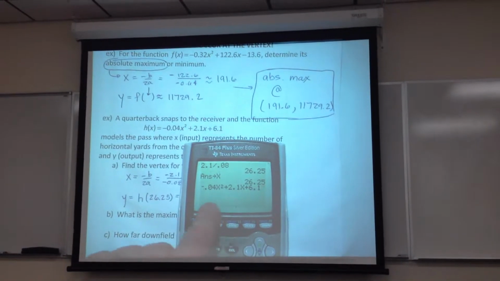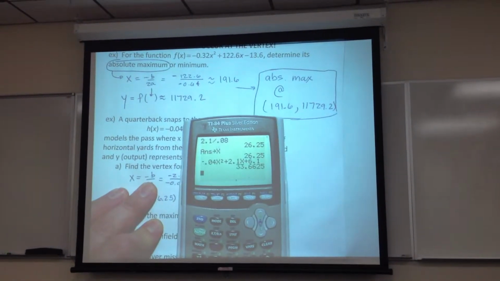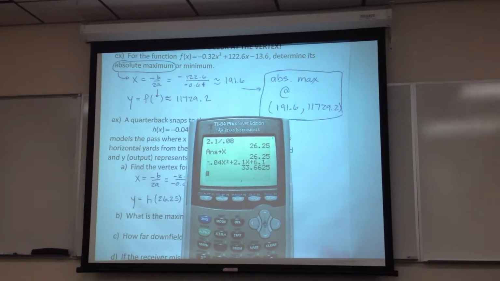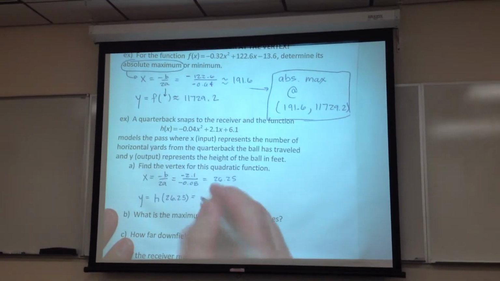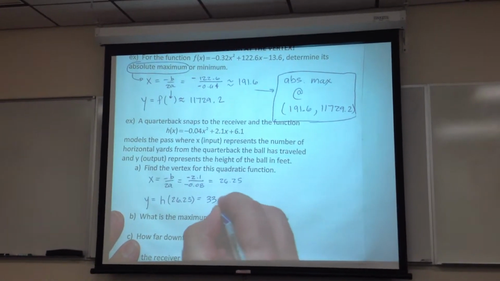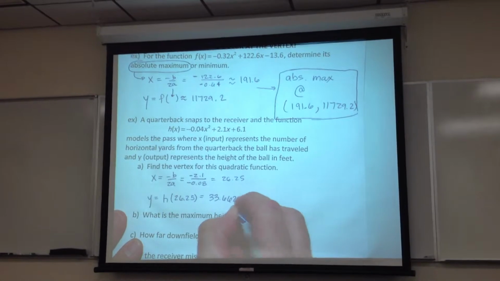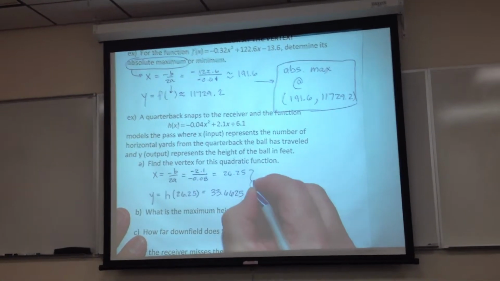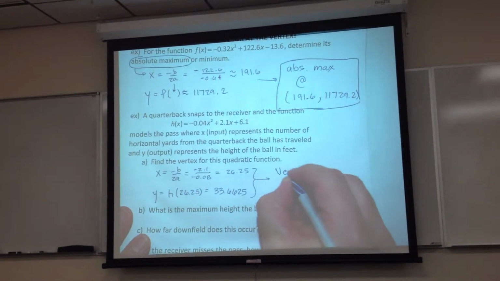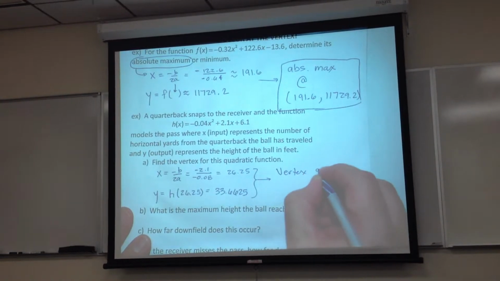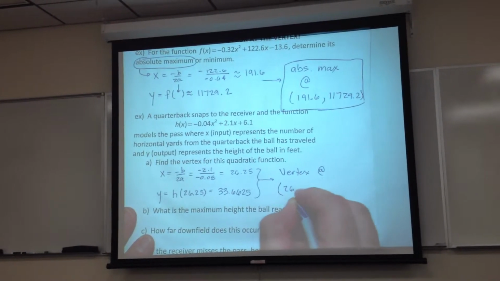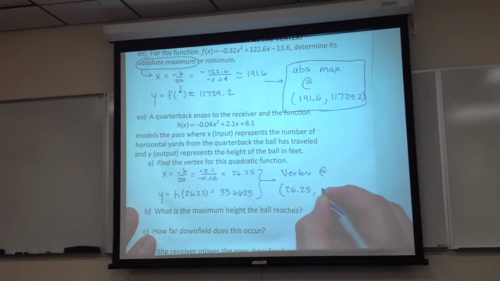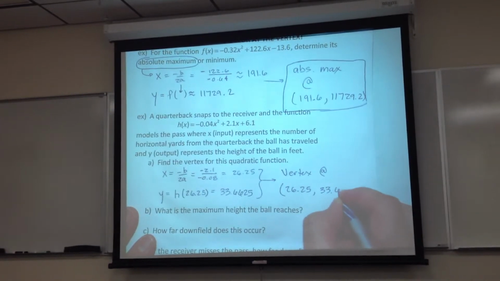When I plug in that 26.25, it gives me 33.6625. So the answer to the question, what are the coordinates for the vertex, is exactly what we just found. The vertex is at 26.25, comma, 33.6625.